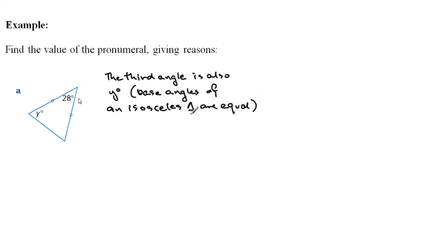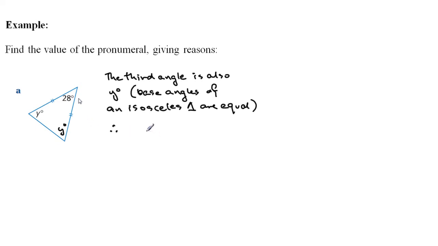You'll notice I use the abbreviation of a triangle here instead of writing the word out. So as long as you do it neatly, you can do that. So let's have a look and see what we've got. We can say therefore that this angle here is also y.